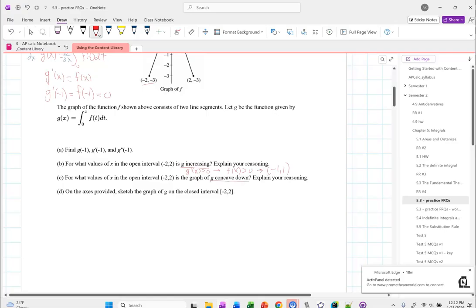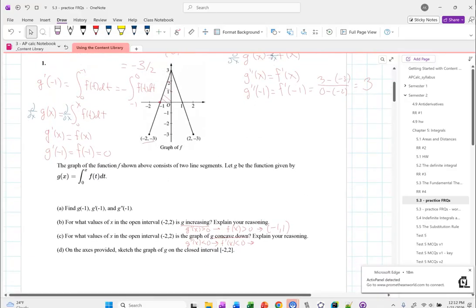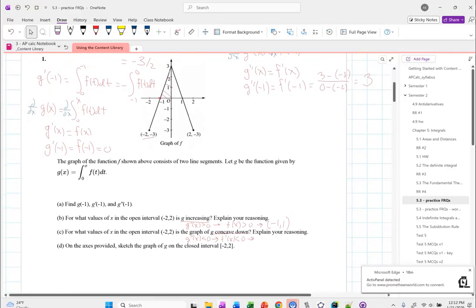Part C says, for what values of x on the open interval -2 to 2 is the graph of g concave down? What does concave down again mean? Second derivative is negative. And g double prime is the same as f prime. And where is f prime negative?